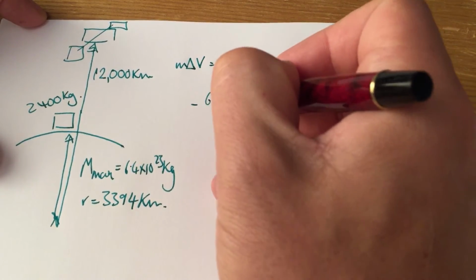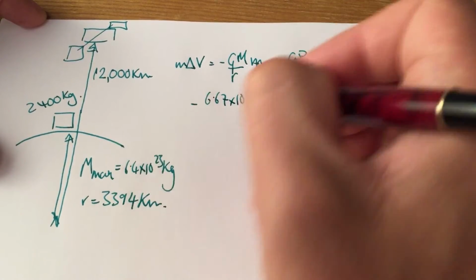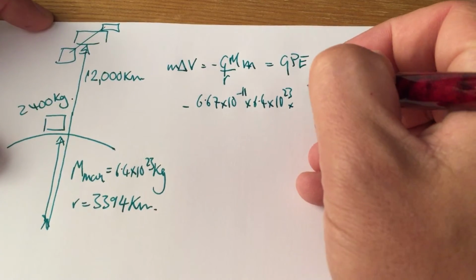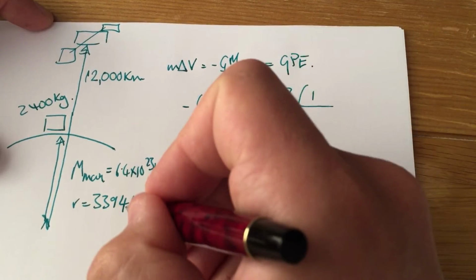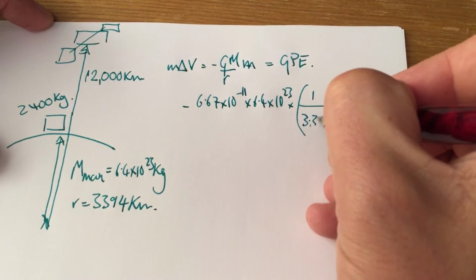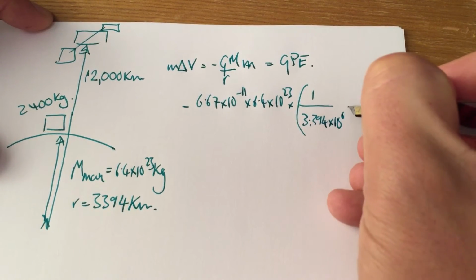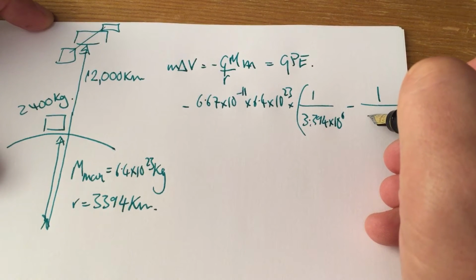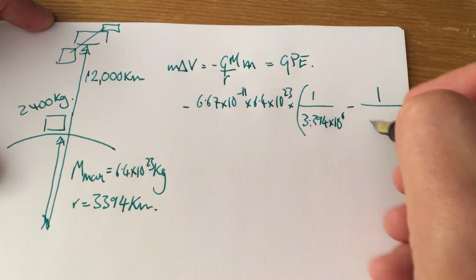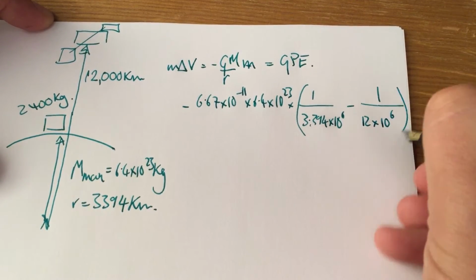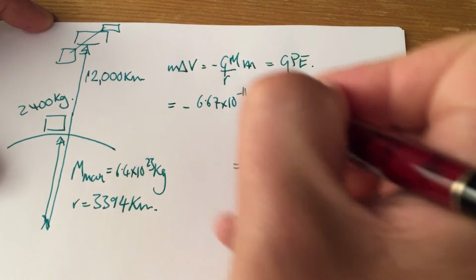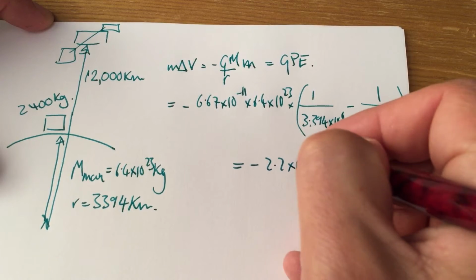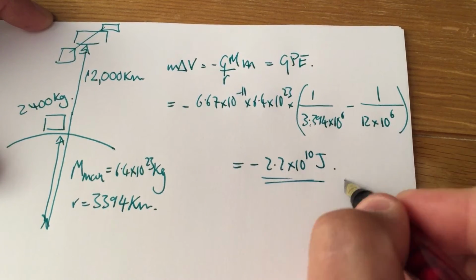Minus 6.67 times 10 to the minus 11 by 6.4 times 10 to the 23, it's Mars, remember, by 1 over surface, 3.394 times 10 to the 6, minus 1 over, that's going to be 12 times 10 to the 6. Plugging it all in gives me an answer of minus 2.2 times 10 to the 10 joules.